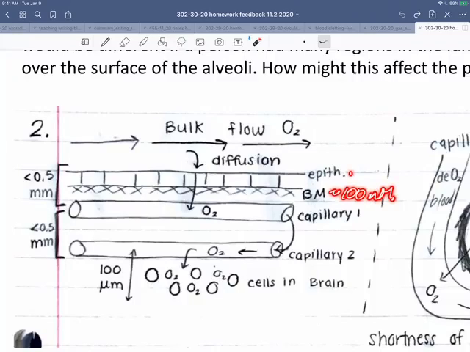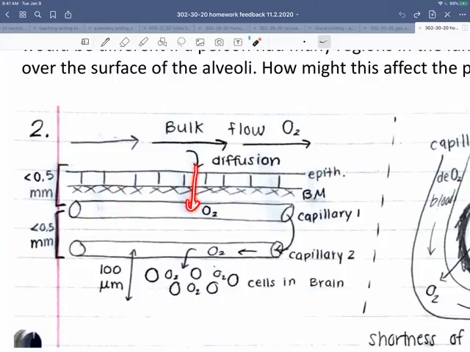And the epithelial layer is often about the same, and the same with the capillary. So this whole distance can be as low as about 200 nanometers, or 0.2 microns, or 0.0002 millimeters. So much less than this. It would be more like this distance for this whole thing.